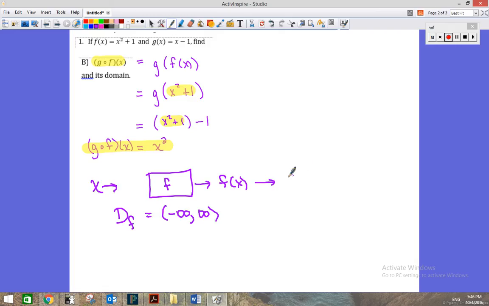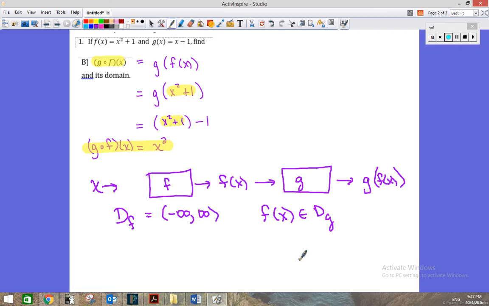Now, into my next function, what has to be true is that f of x has to be in the domain of g. But the domain of g is all real numbers. So hey, anything that comes out of function f, g is going to accept. g accepts any real number, and what it produces, well, whatever is in the input is in between parentheses. This time we're inputting f of x.